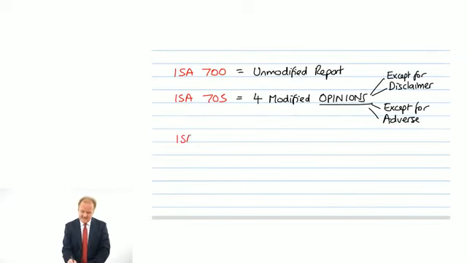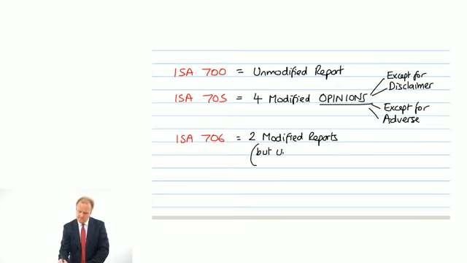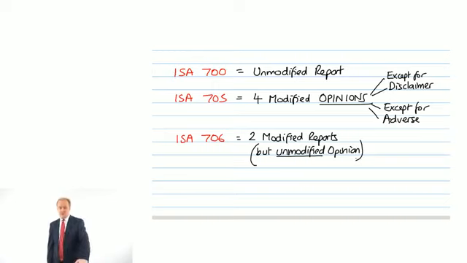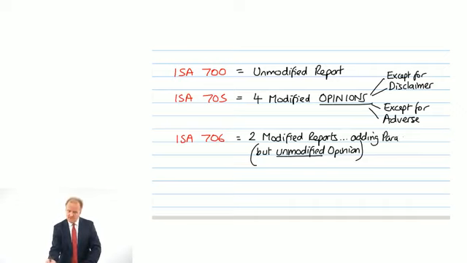And then ISA 706 is where you leave the opinion section alone, but you modify, in other words, change the report by adding an extra paragraph.